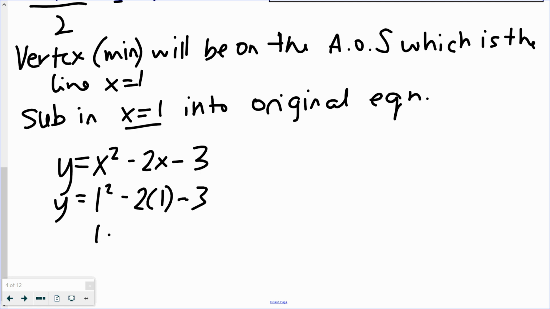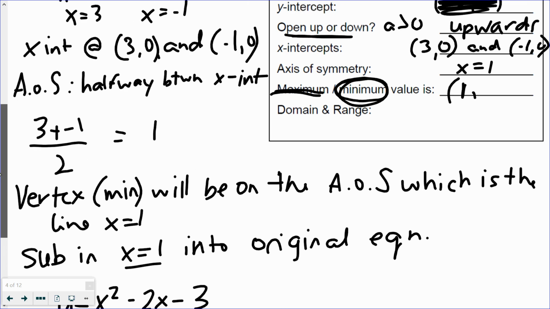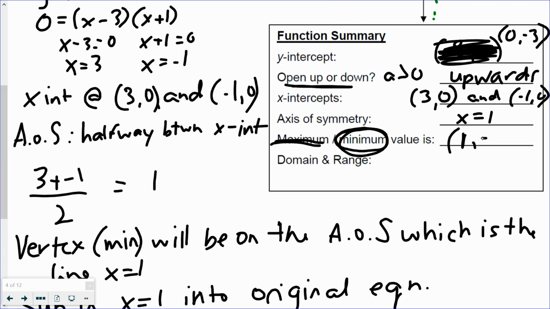So 1 minus 2 minus 3. So 1 minus 2 is negative 1, minus 3 is negative 4. So y equals negative 4. So 1, negative 4 is where the vertex is.